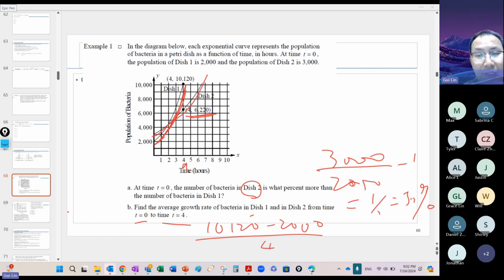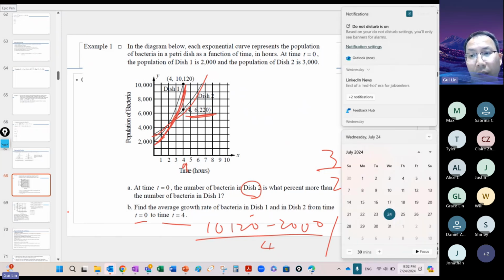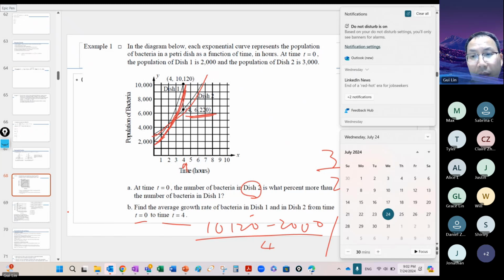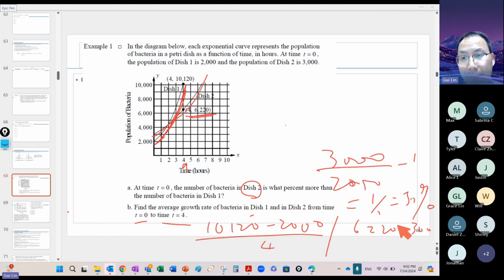What about dish 2? Dish 2 would be 6,220 minus 3,000 over 4. So dish 1 and dish 2 have totally different average growth. This is just a chart; it doesn't relate too much to the exponent.